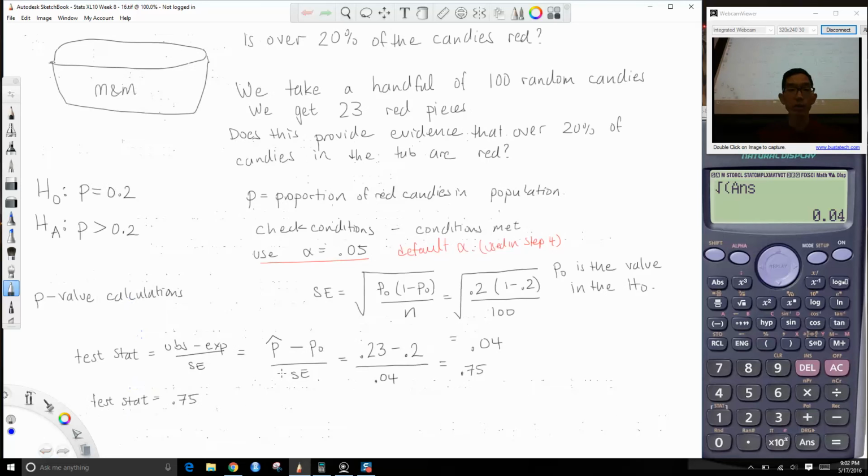So step 1 is the hypotheses. And the checking conditions and using alpha here, this is step 2. P-value calculations: the standard error is 3A, the test statistic is step 3B.